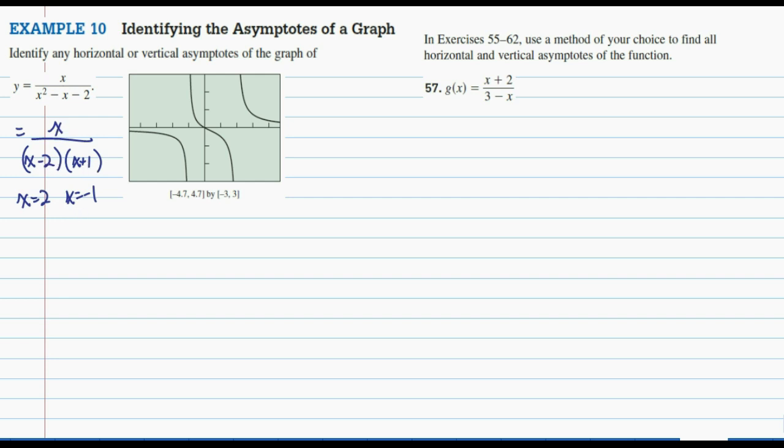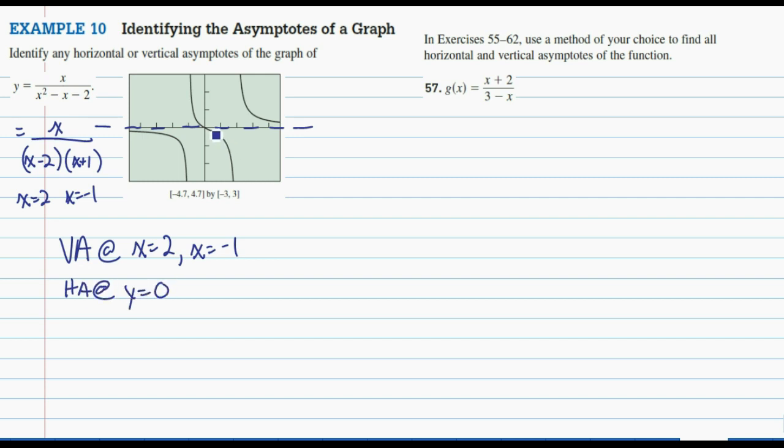We have infinite discontinuities there, meaning there will also be vertical asymptotes. So we have vertical asymptotes at x equals 2 and x equals negative 1. Now the horizontal asymptote, I think, is going to pass right here visually through y equals 0.